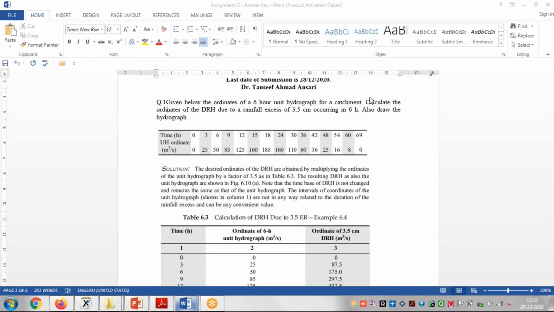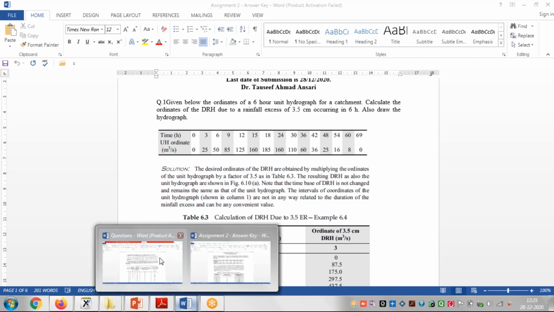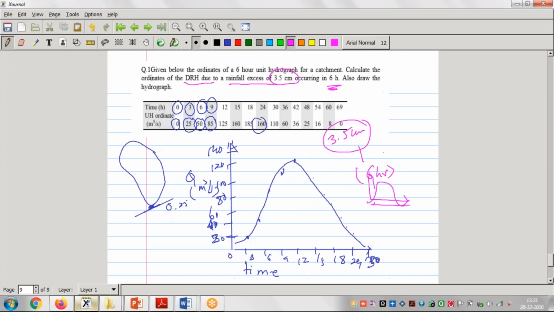See what they are asking. Calculate the ordinates of the direct runoff hydrograph due to a rainfall excess of 3.5 centimeter. What does this mean? This ordinate is of 3 hours. See this ordinate.